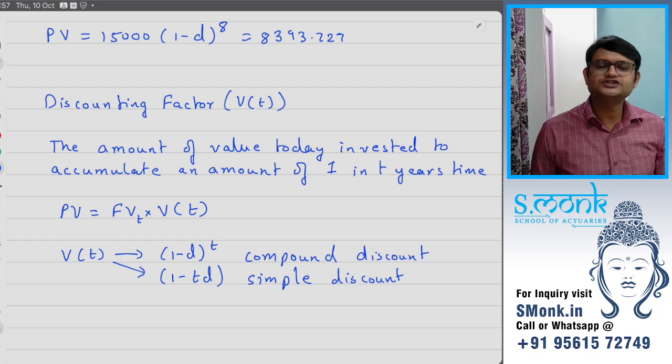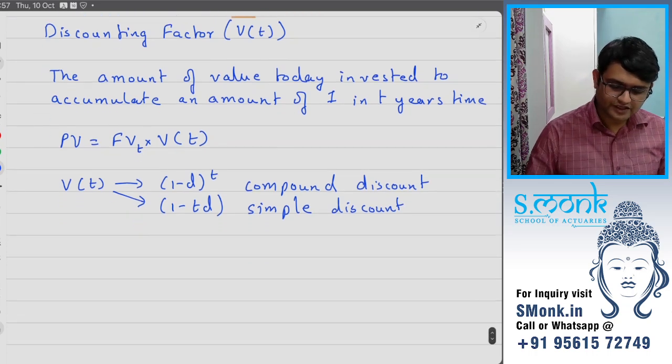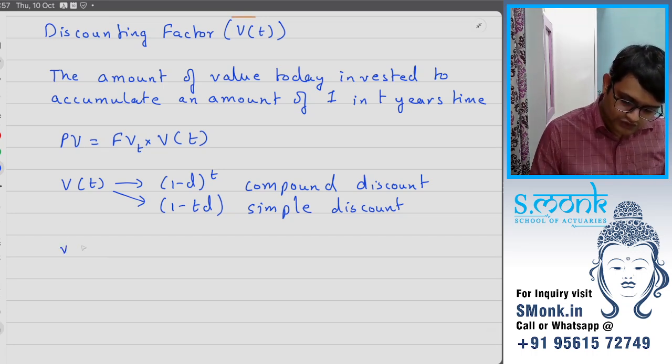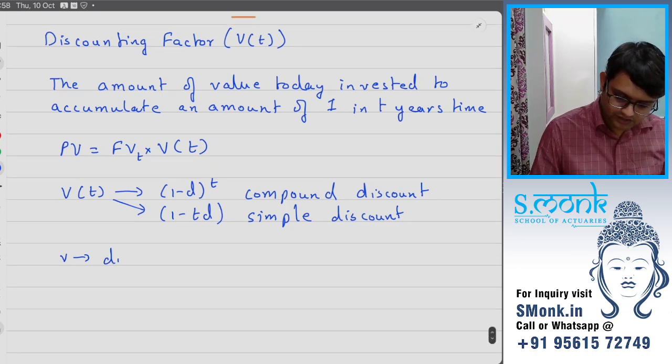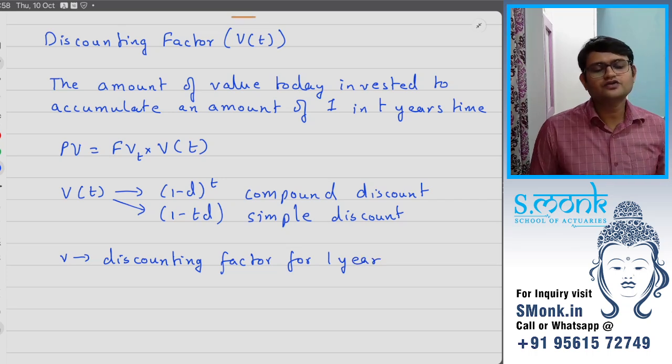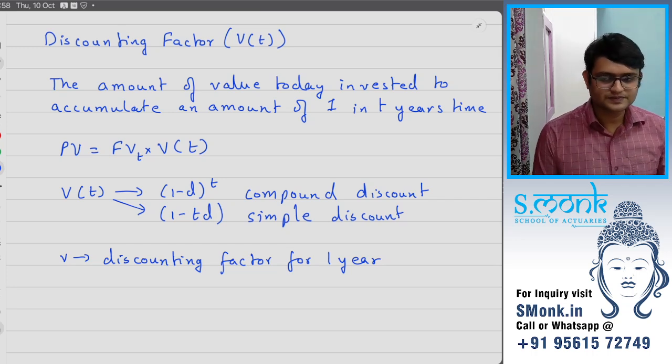Again, it's just a symbol. We will use it sometimes, like we are going to use accumulation factor sometimes. Similarly, we can use the discounting factor symbol, and we are going to use small v. Small v is used as discounting factor for 1 year.